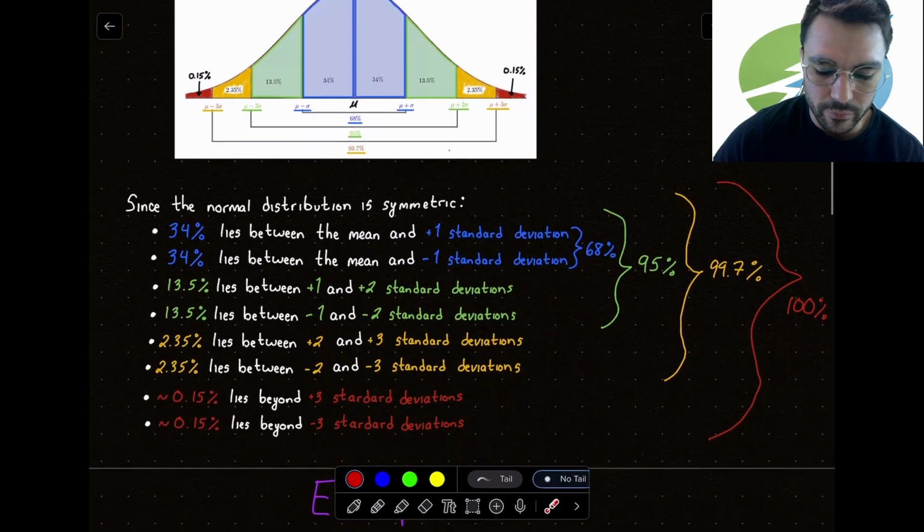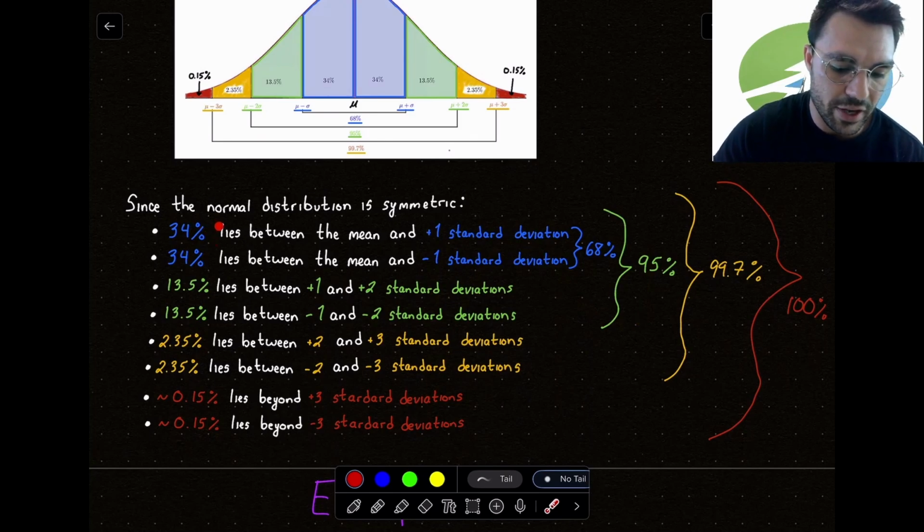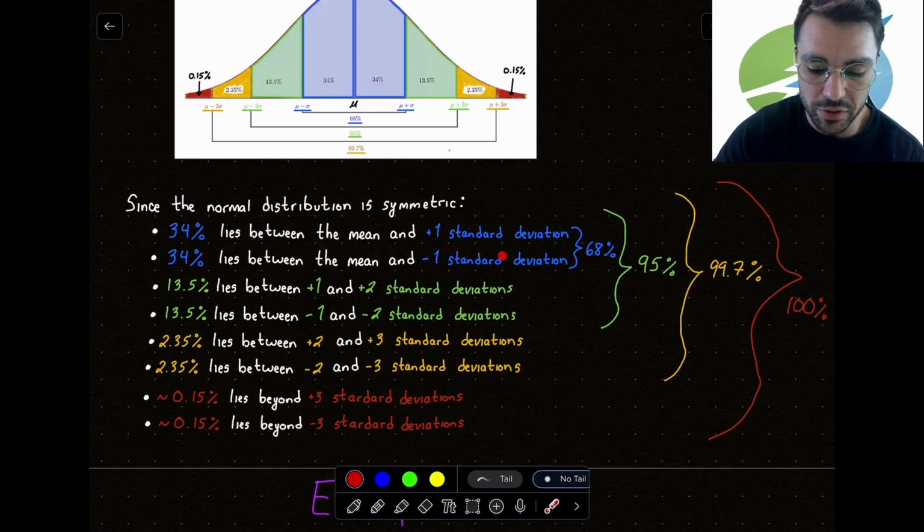All right. And then here I just kind of have written out everything I discussed. 34% of the data lies between the mean and +1 standard deviation. 34% of the data lies between the mean and -1 standard deviation. And this accounts for our 68% right here. 13.5% of data lies between +1 and +2 standard deviations. Another 13.5% lies between -1 and -2 standard deviations. And if we add all this up, that accounts for 95% of the data.